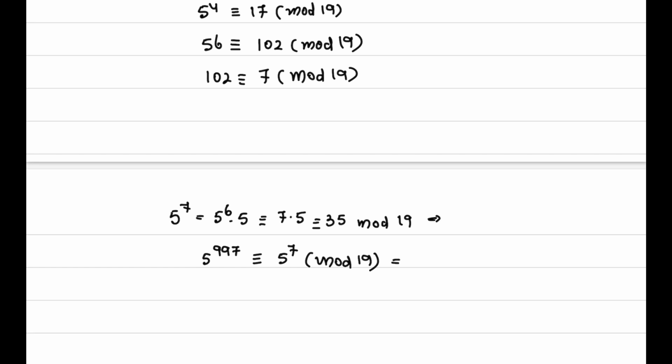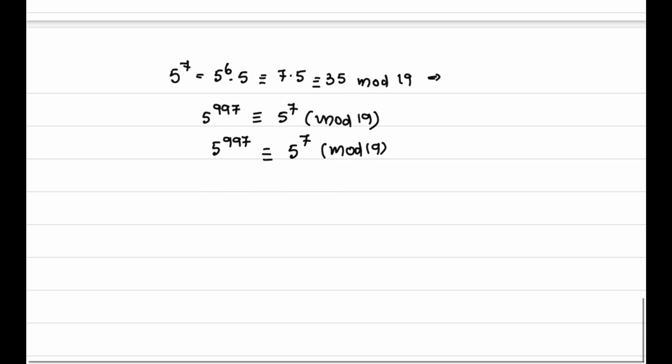That can be written as 5 to the power of 997 equivalent to 5 to the power of 7 mod 19.